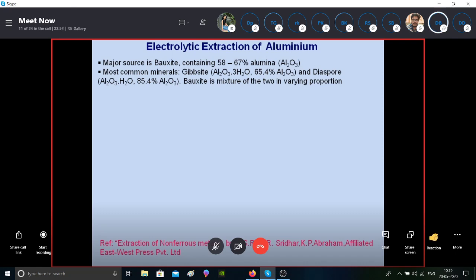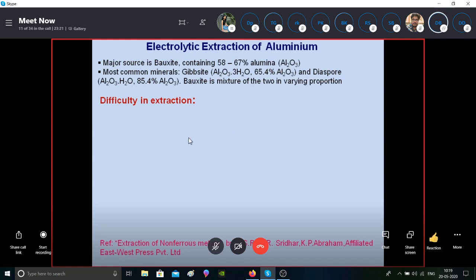So bauxite is basically a mixture of gibbsite and diaspore in different proportions. Different places contain gibbsite and diaspore in different proportions, which ultimately decides the alumina content in bauxite, because it becomes a mixture of 85.4% and 65.4%.